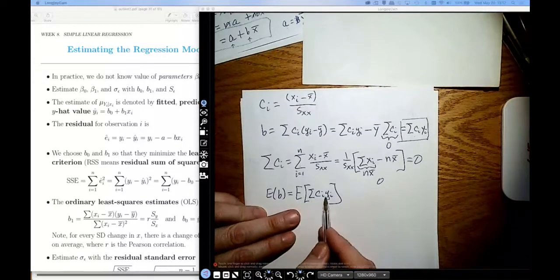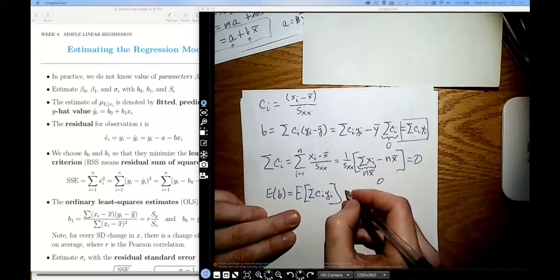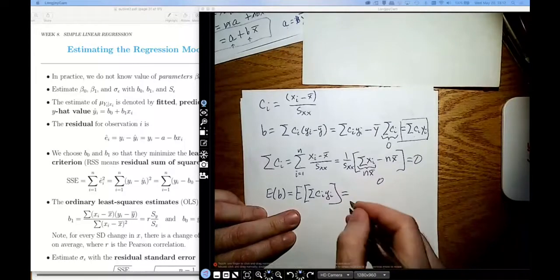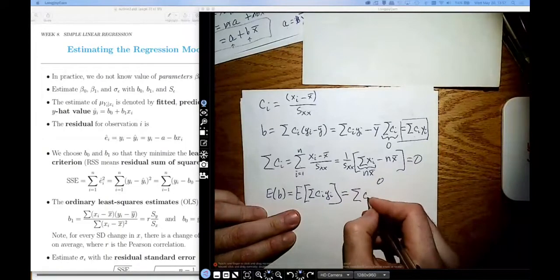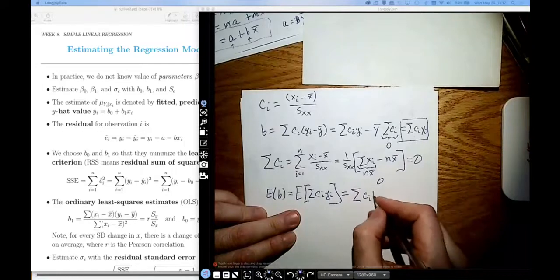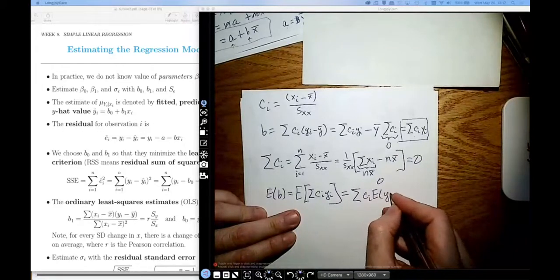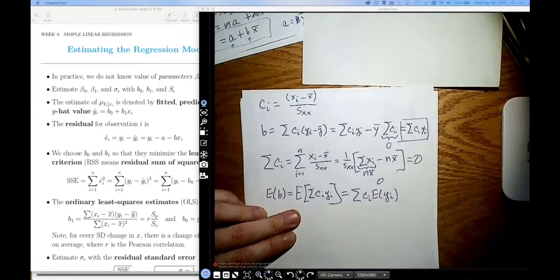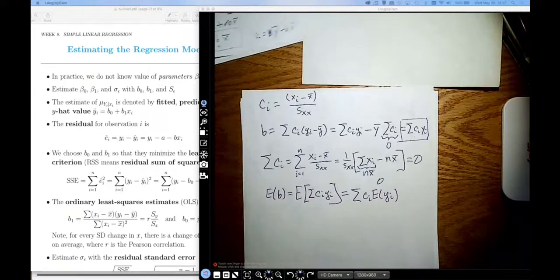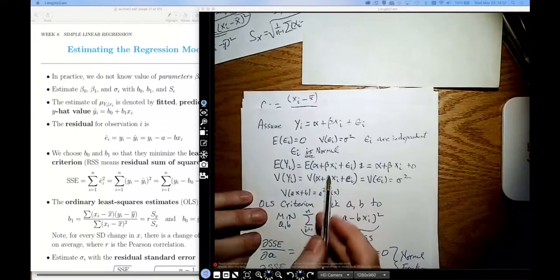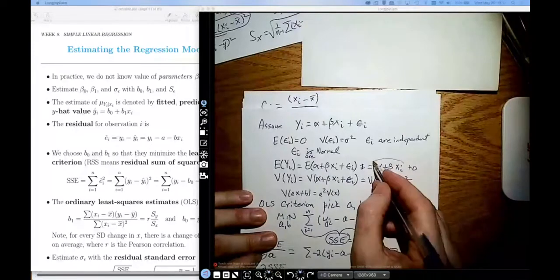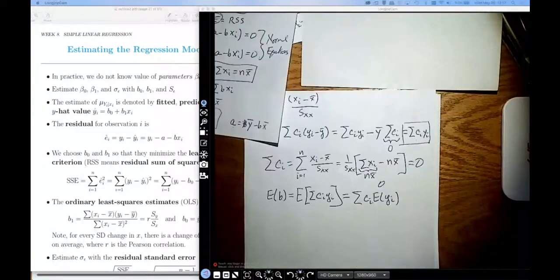So the expectation of a sum is the sum of the expectations here. So this is going to be the sum of Ci times the expected value of Y sub i. Now, what was the expected value of Y sub i? Well, we already figured that out, and it was up here.